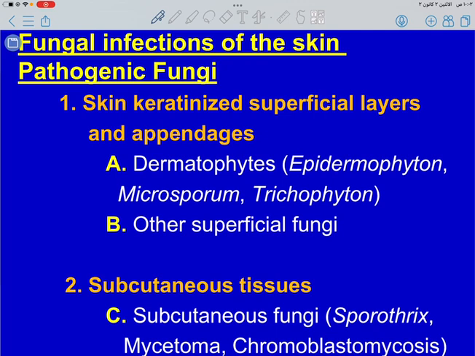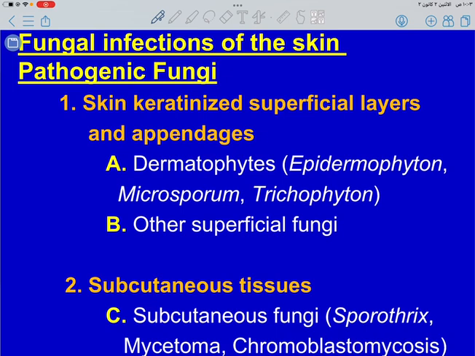Dermatophytes are of three genera: Epidermophyton, Microsporum, Trichophyton. Just simple names, we are not going to go into details. We are going to speak about dermatophytes in general.